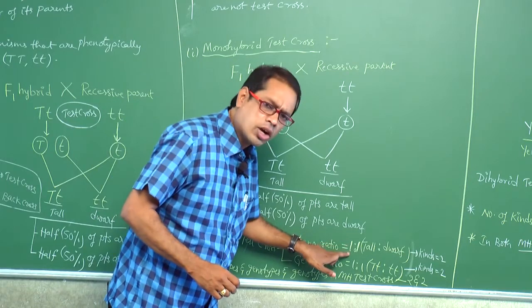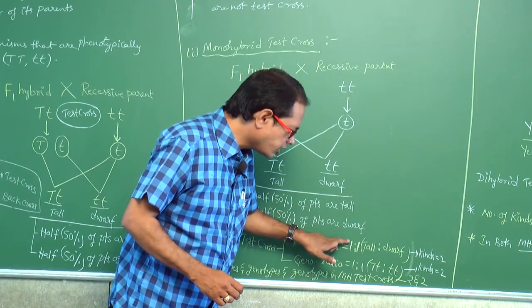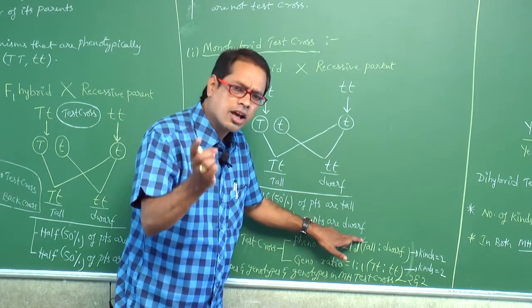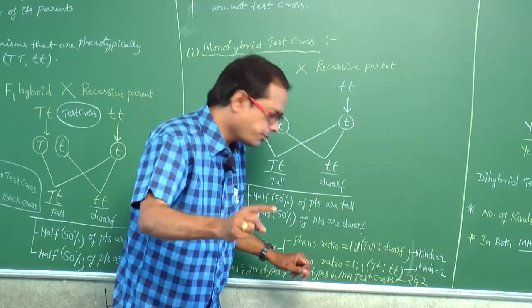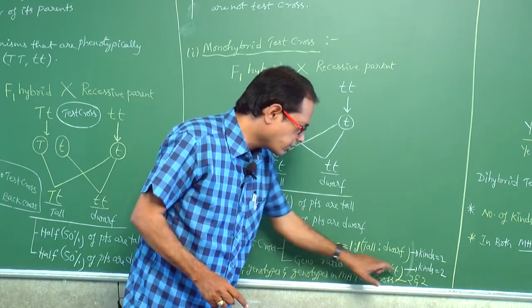Right. See, in this phenotypic ratio, this is one kind, this is another kind. Kinds of phenotypes, 2. Kinds of genotypes, one kind, another kind. Kinds, 2.